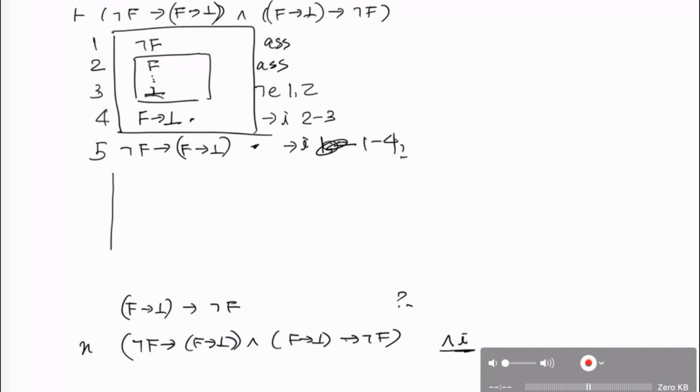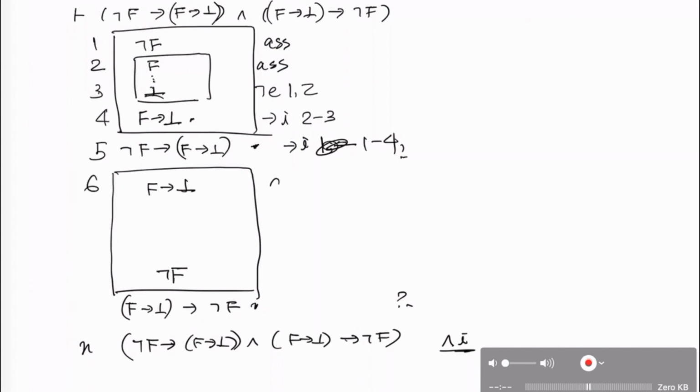The next half, we are going to prove this, which means we have to assume f implies bottom and try to derive not f. Okay. So this is my assumption. And if I can derive the box, of course, here we can use implication introduction rule with line 6 and something else that I don't know the number of yet. But now if you look at the subgoal here, this is not f.